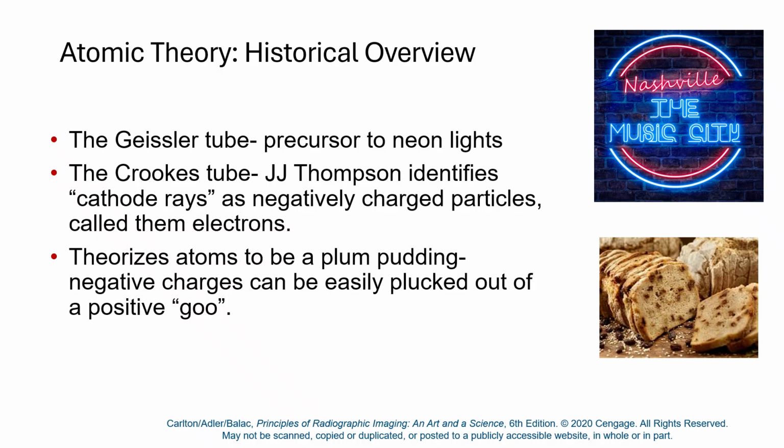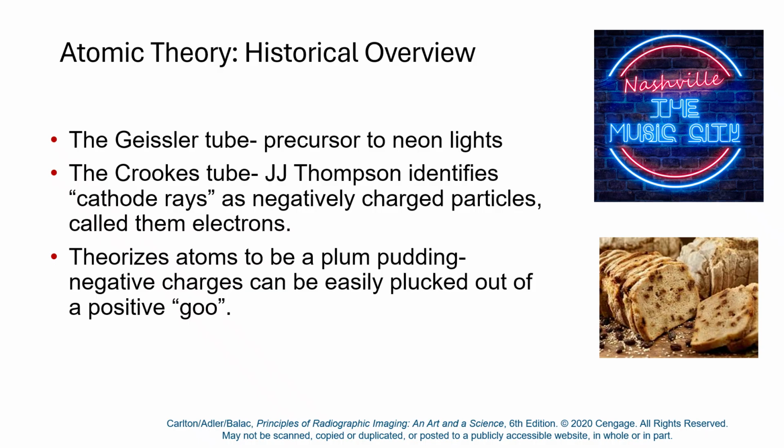Okay. Well, Thomson, his model is really only addressing the electron behavior. He doesn't really have a good idea about the rest of it. So he just says, well, it's this positive matrix of goo, the bread loaf, that the negative charges are embedded in because opposites attract, so I satisfied that.